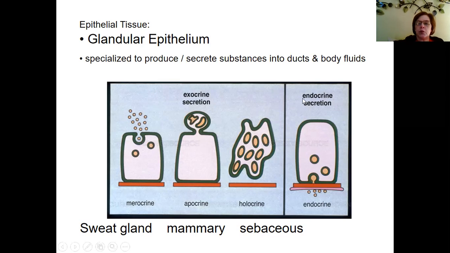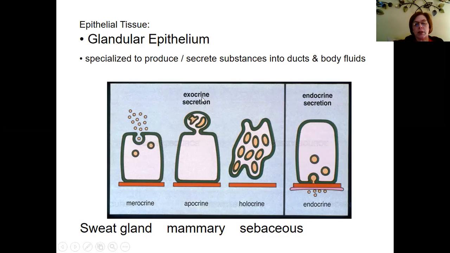So what we have here, first of all, is that glands are divided into endocrine and exocrine. Endo means within, and exo means without or outside. So endocrine secretes into the blood. What you see happening here is this is my glandular tissue, and these are the substances produced by the gland, and it's going into the body, specifically the blood.